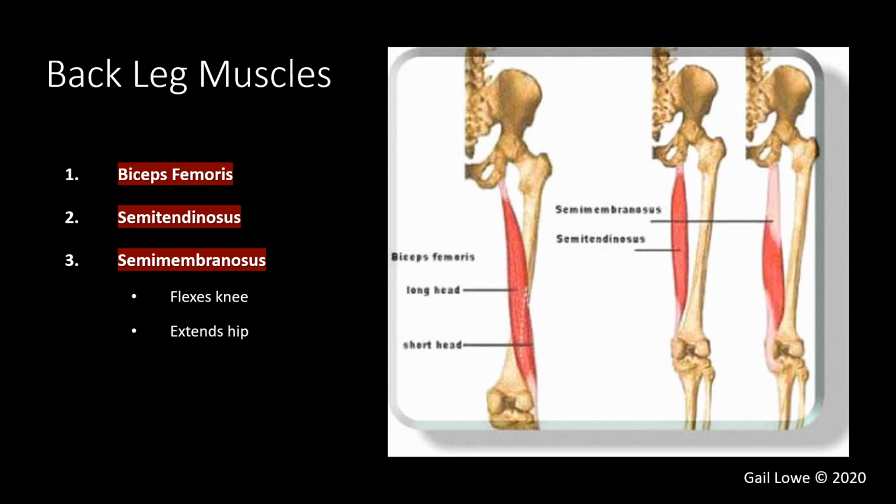Biceps femoris is obviously at the back of the femur. That's called biceps. We also have a biceps in the arm. So the one in the arm is biceps brachii. Biceps femoris is on the back of the femur. So biceps femoris, semitendinosus, semimembranosus are three muscles which make up the hamstrings that flex the knee and extend the hip.